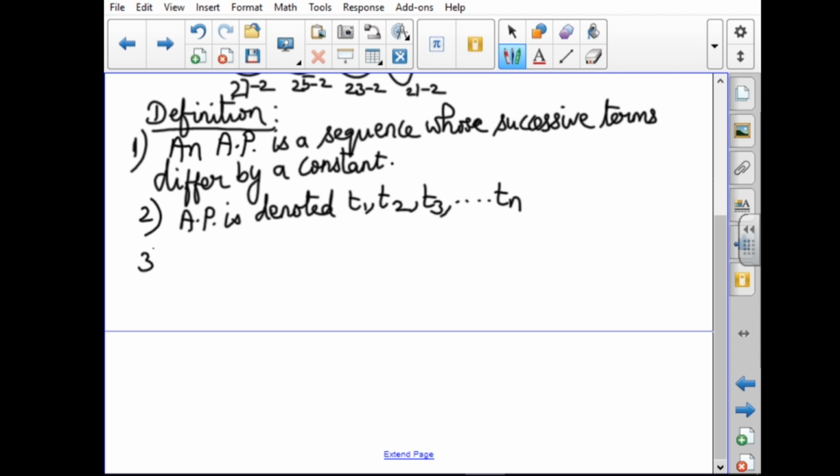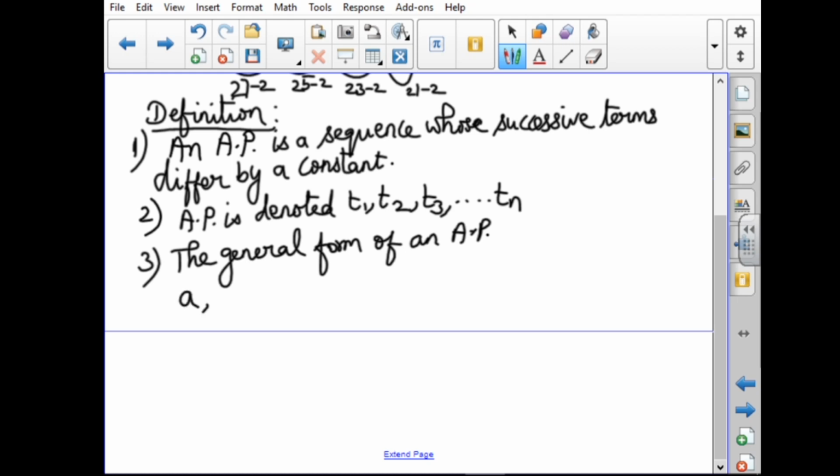Third one, we have to generalize the AP. The general form of an AP is denoted by: first term A, second term A plus D, where D is the common difference, third term A plus 2D, fourth term A plus 3D, etc. Here what is A?